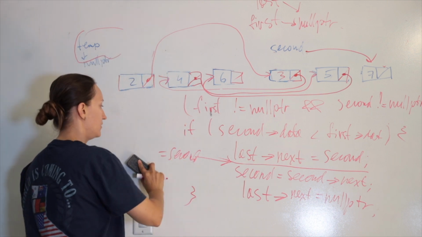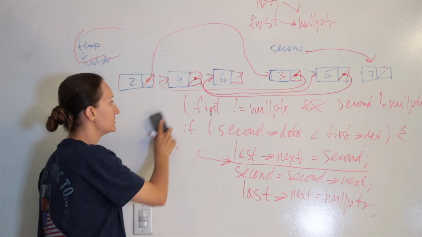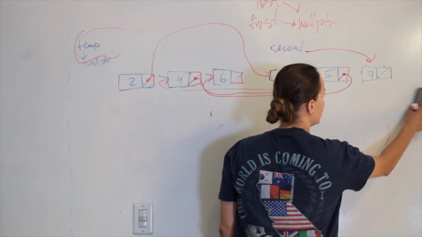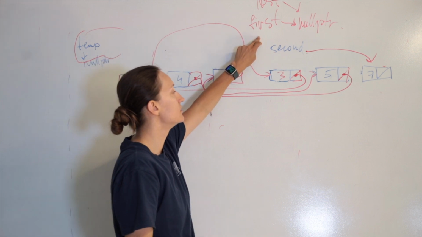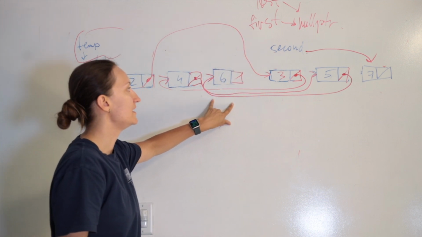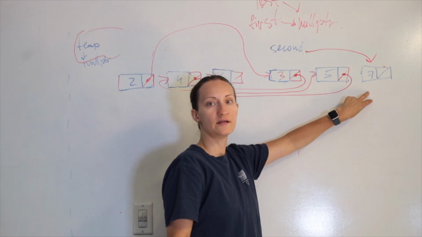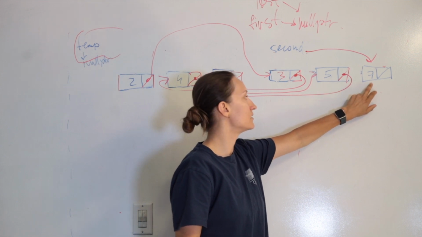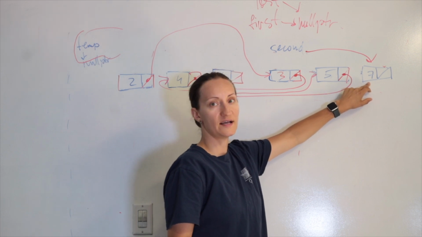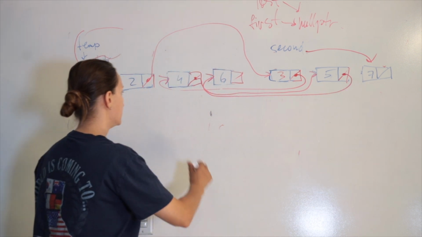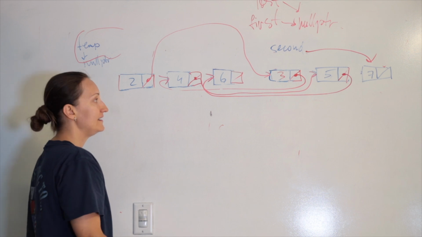And now we are going to do the last part, because we're already out of the loop. We hit null pointer for the first. And now we just have to link our node that was left, which contains data 7 from the second list. So part 4 is link.